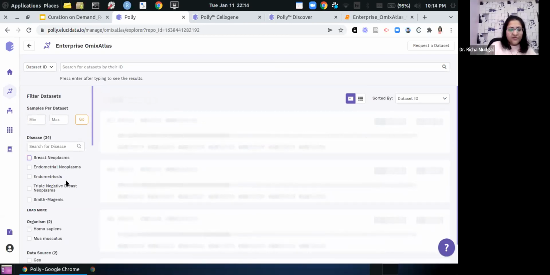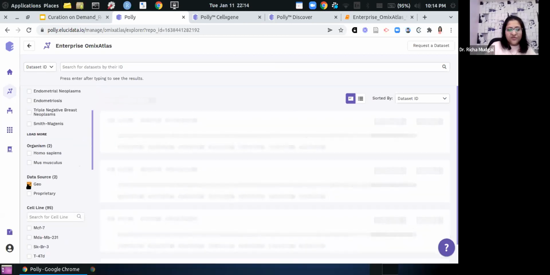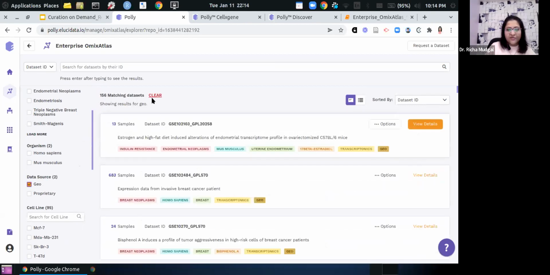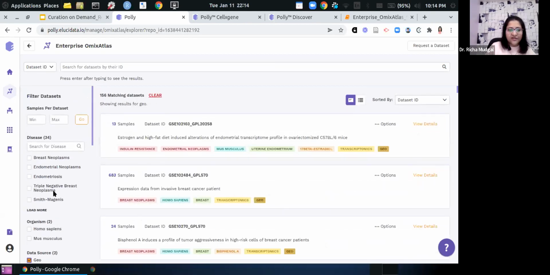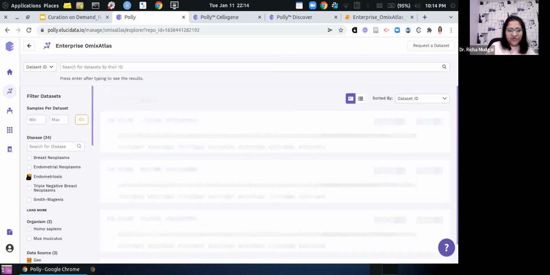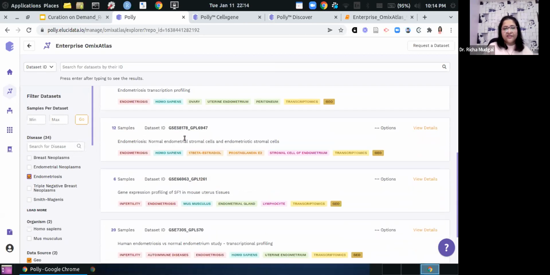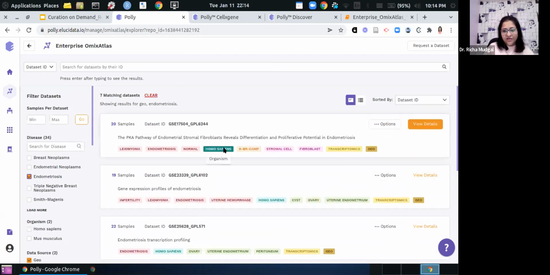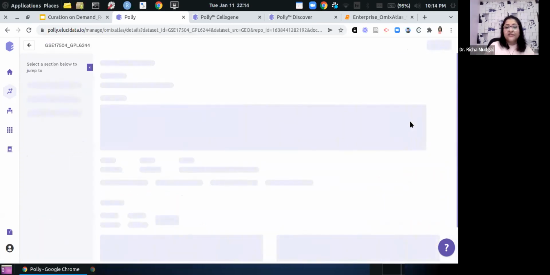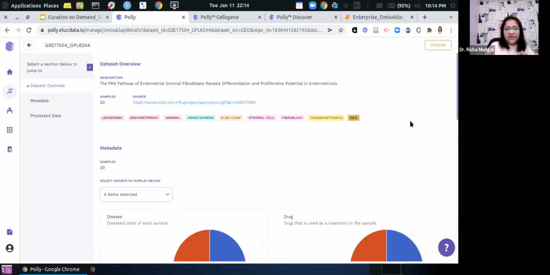If you go by the sources of GEO, we have about 156 which match this criteria. They were largely interested in endometriosis, so you can subset them based on that as well. A key thing I would also like to show is that these different data sets appear as cards, and we have the provision to view the details of what the data set was actually about.